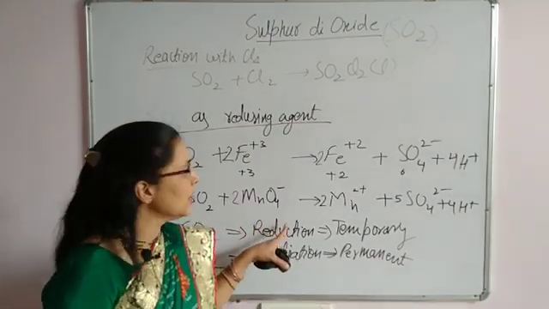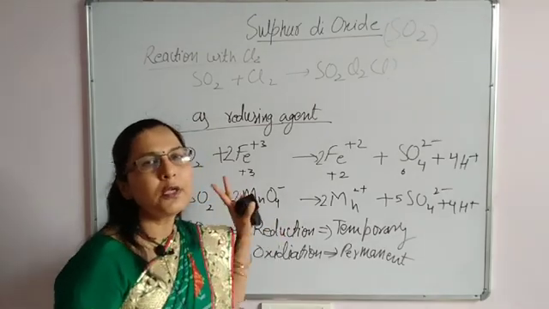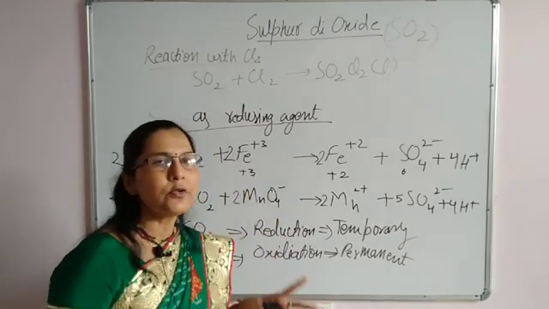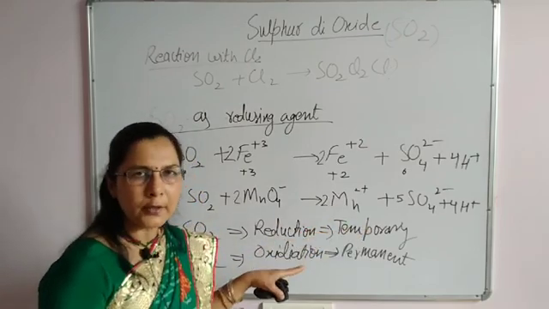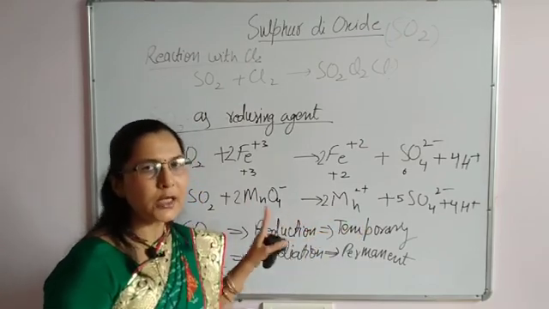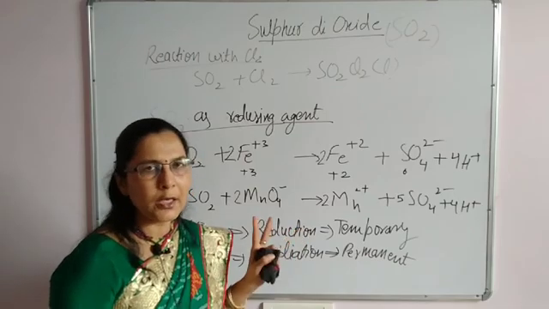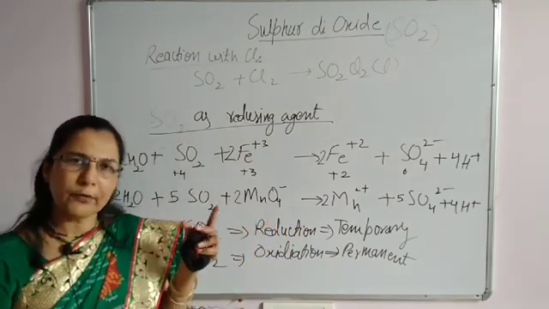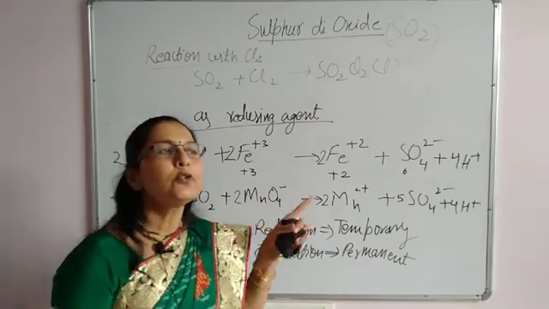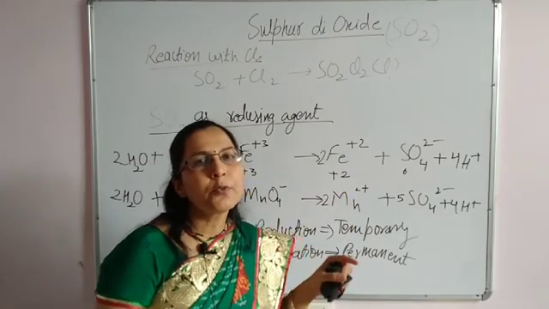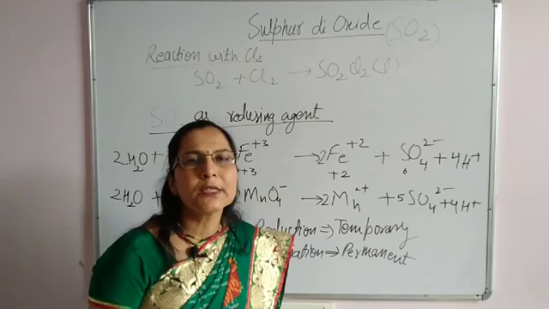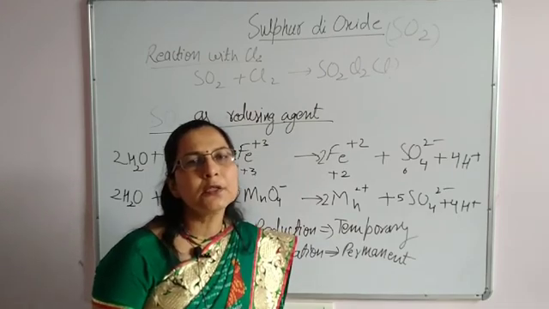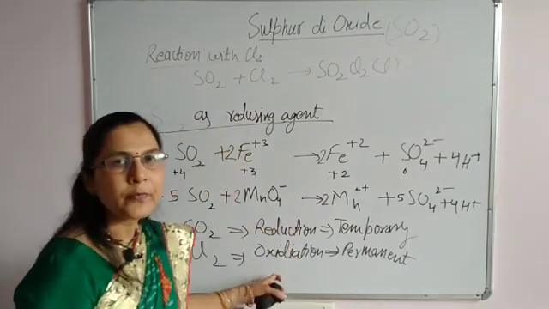It reduces the dye, and after reduction, suppose they are exposed to air again, then they will regain their color. Suppose a flower petal is bleached with SO2; after decolorization you will get white color. Then if you expose it to air, the oxygen will oxidize it and it will regain its color. Okay.